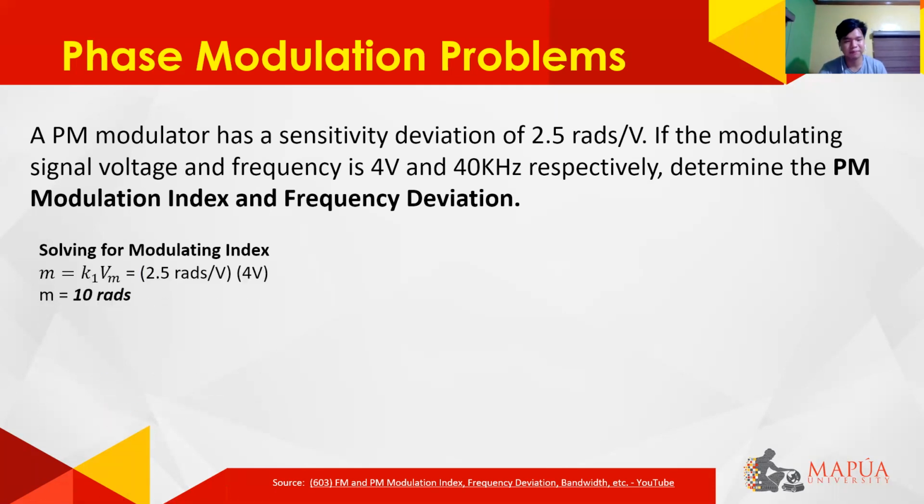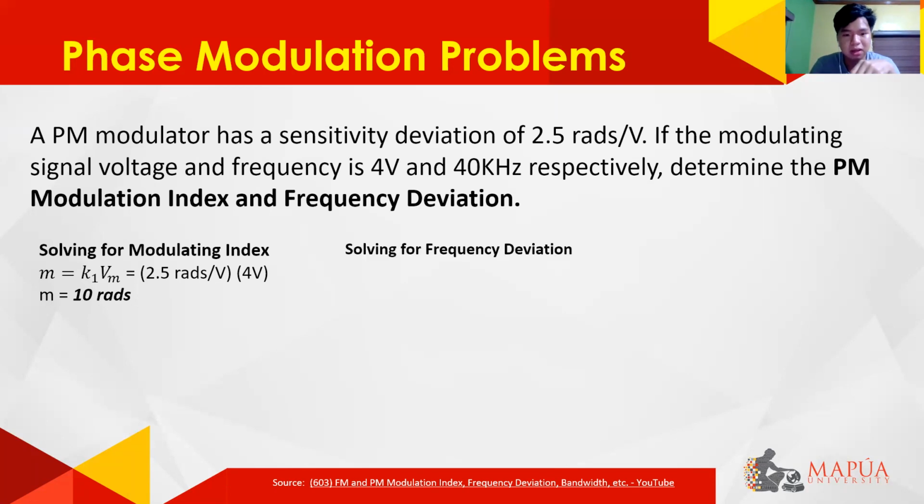As we remember, the modulation index is K1 Vm. Our sensitivity deviation is 2.5 rad per volt, and we multiply that by the modulating signal voltage, which is 4 volts. With simple multiplication, we have 10 rad as the modulation index of the phase modulation.